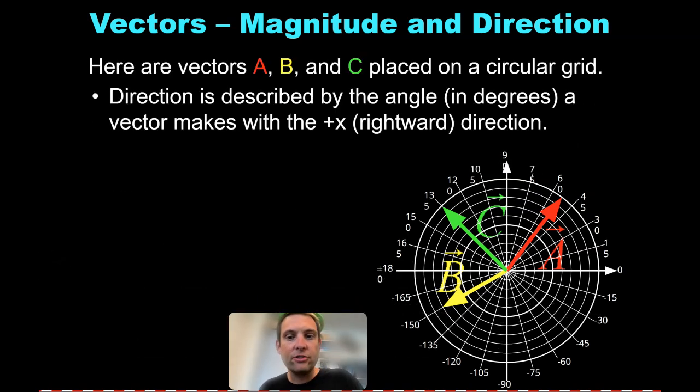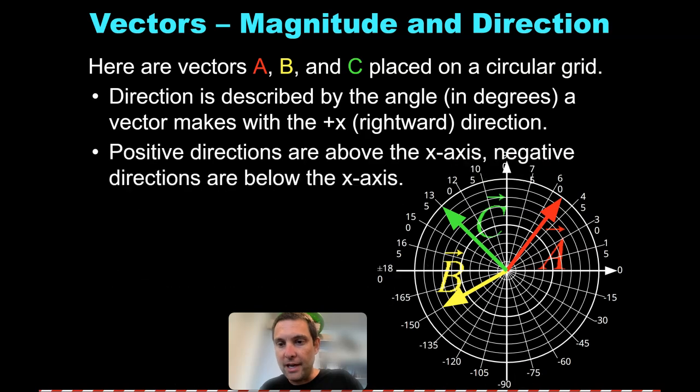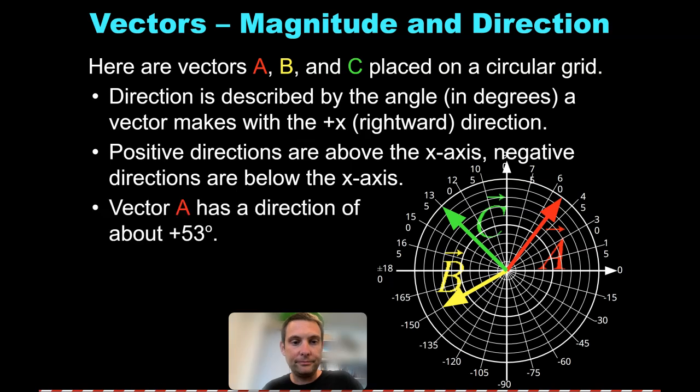The direction is described by the angle a vector makes with the positive x direction. Vector A is pointing somewhere between 45 and 60 degrees relative to the positive x-axis. Positive directions above the x-axis and negative directions below the x-axis. Positive directions to the right of the x-axis and negative directions to the left of the x-axis.